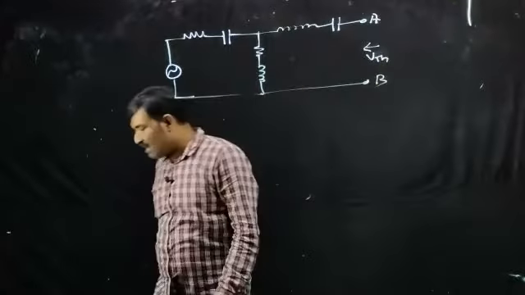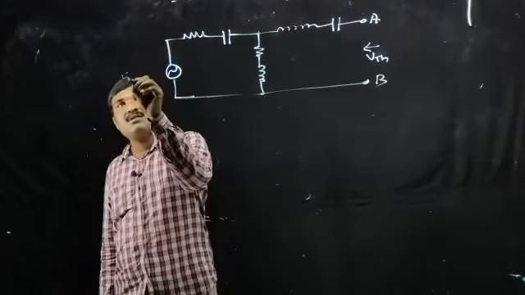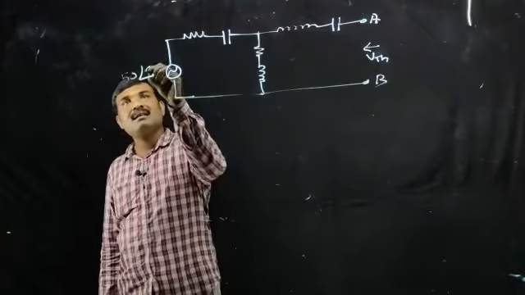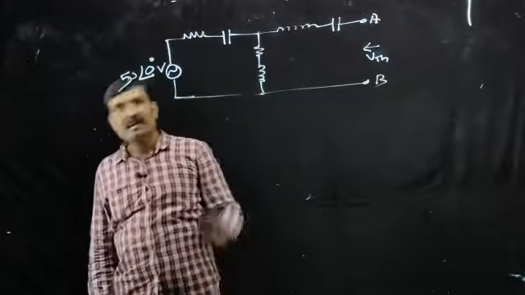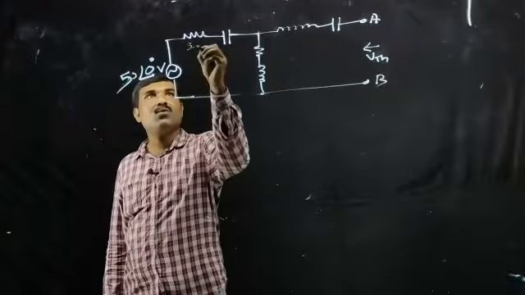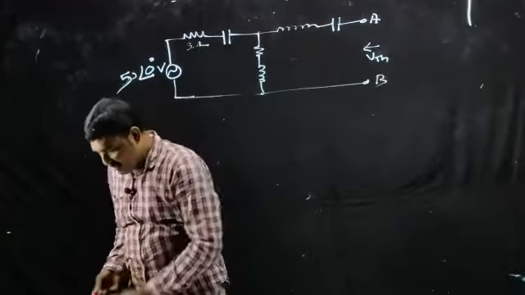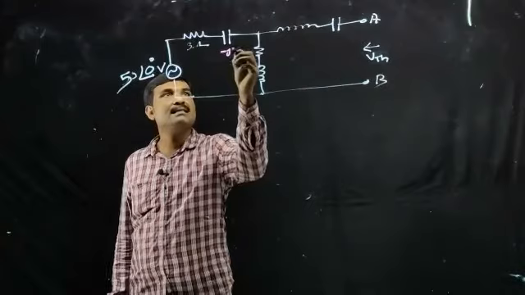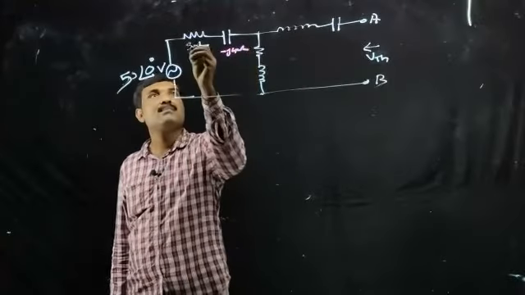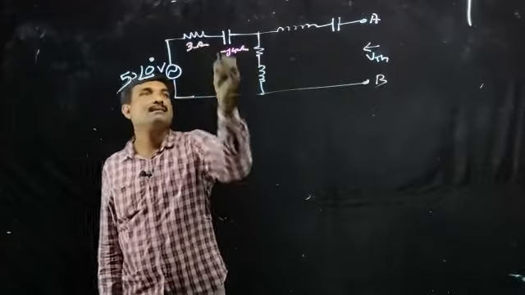Now we can give the values. The value of the source is 15 at an angle 0 degree, this much volt, right? And this is 3 ohm. And the value of this capacitive reactance is minus J4 ohm. Since this is a capacitor, this minus sign came.